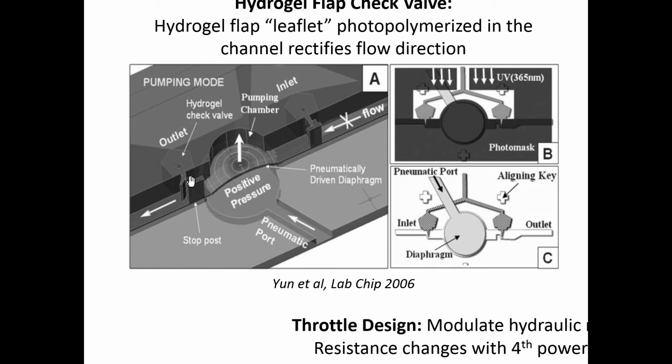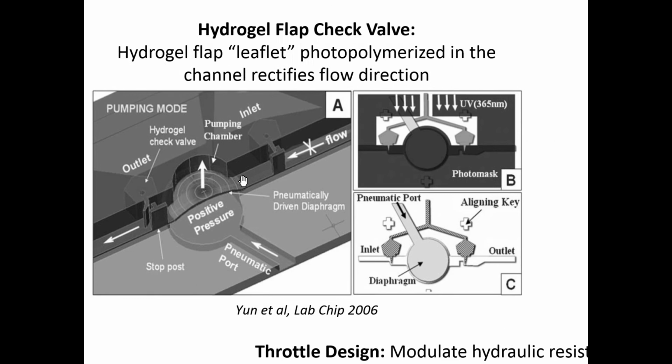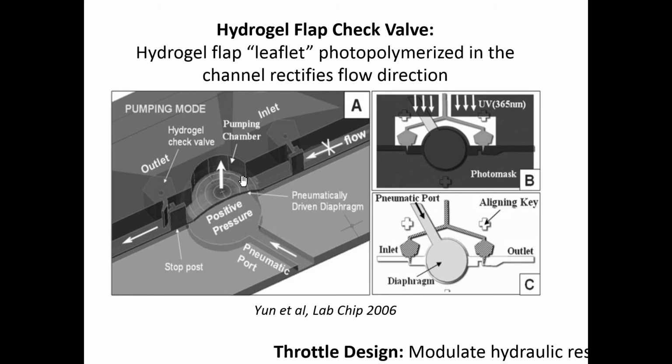Okay, if you were to create this pattern in the device using the conventional soft lithography technique, then this valve would actually be fixed to the bottom surface of the channel. It would be attached there. But we need this valve to actually be able to move in the left and right direction. So just that one little thing, it turns out to make valve fabrication kind of complex in some sense, because the flap needs to move.